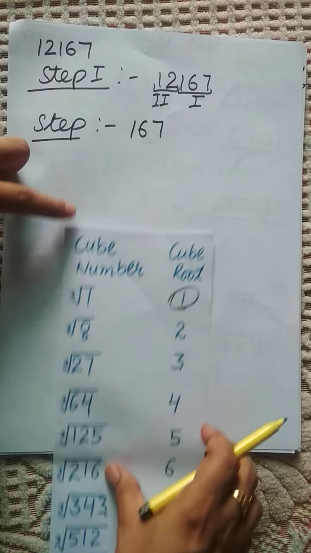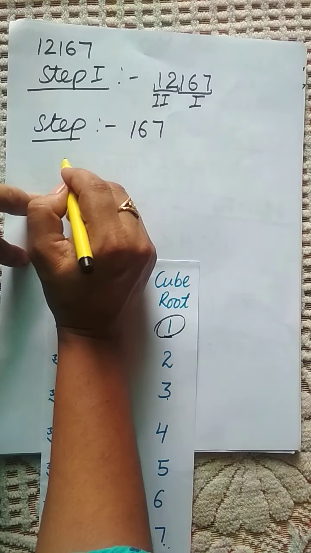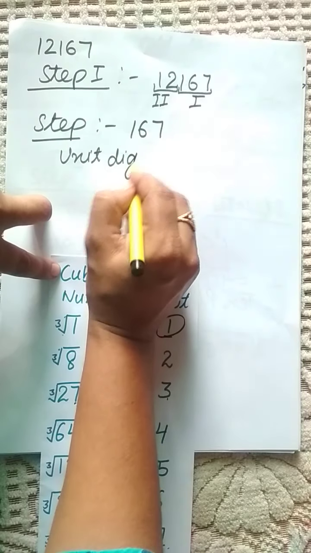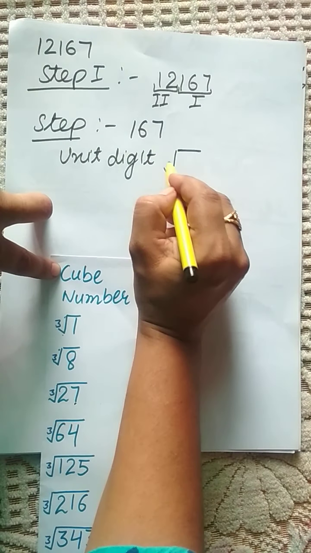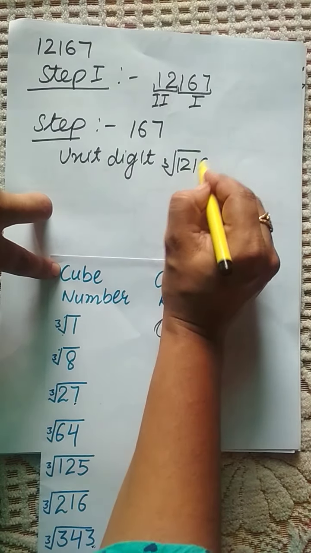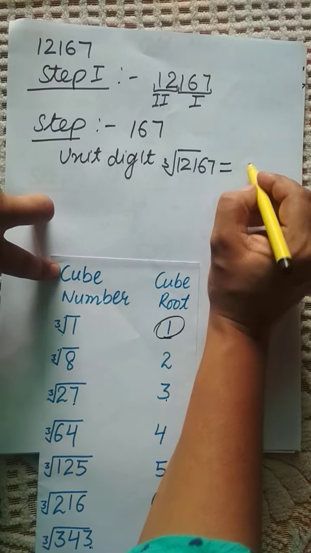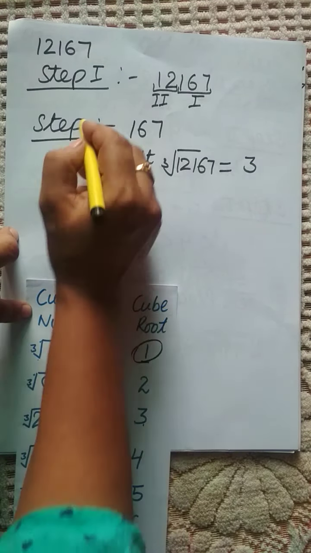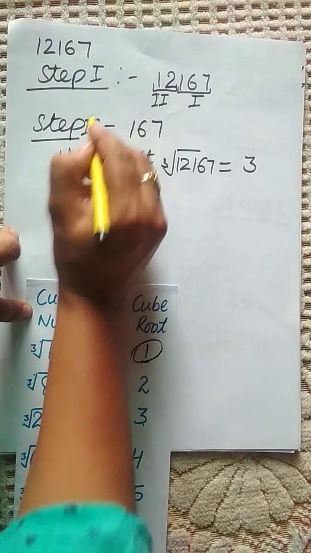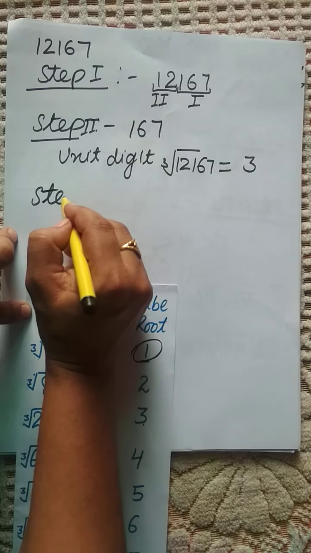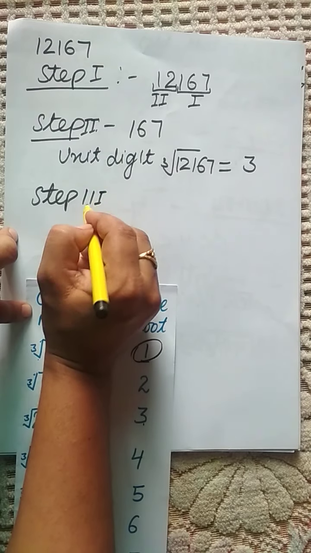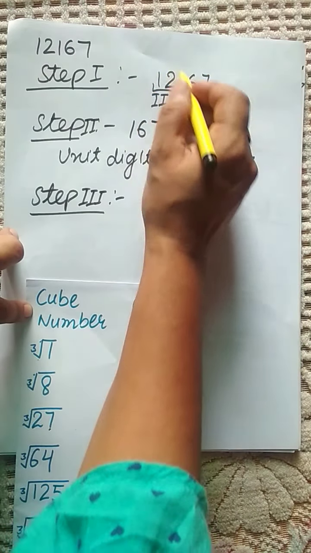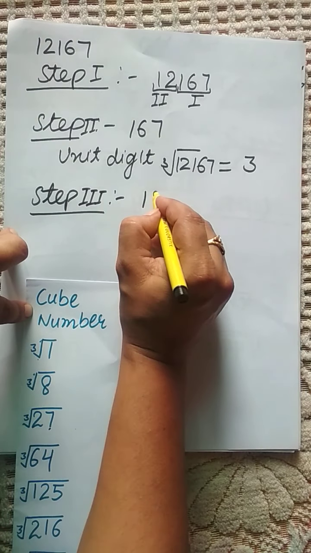So we can write here as the unit digit of cube root of 12167 is equal to 3. So the unit digit I have found. Now for the step number 3, I will find out the tens place value. Firstly, I will write the second group.